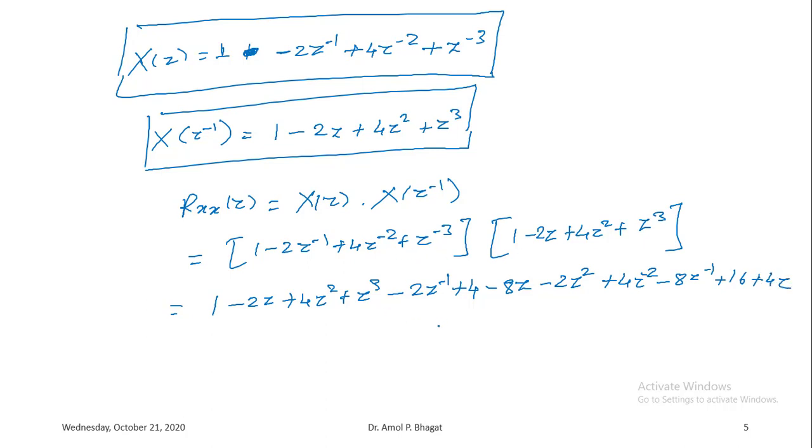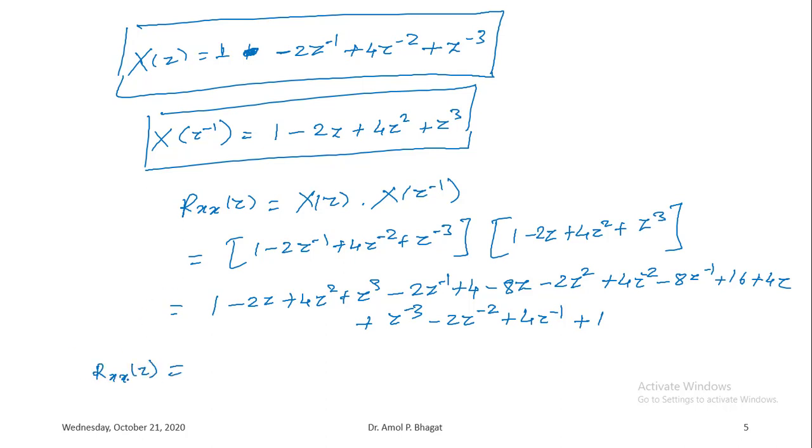Then I will multiply it with z to the power minus 3. So plus z to the power minus 3 minus 2z to the power minus 2 plus 4z inverse plus 1 will be there. Now I will simply add these values.